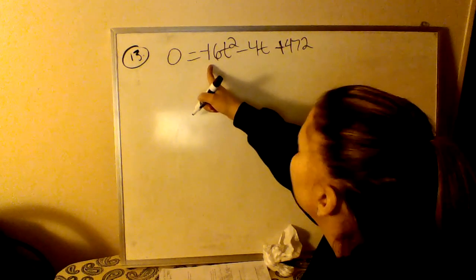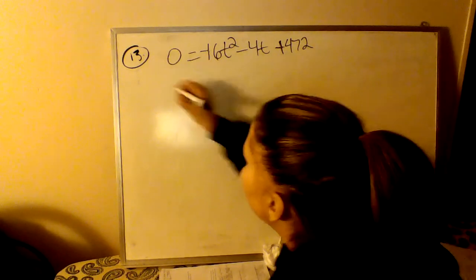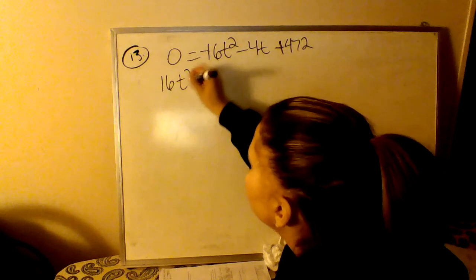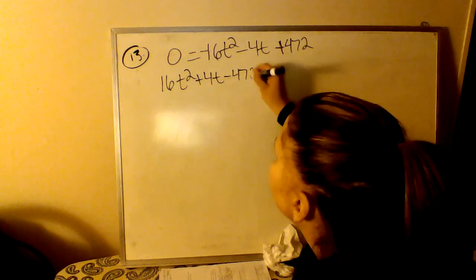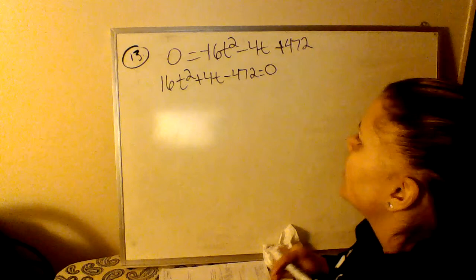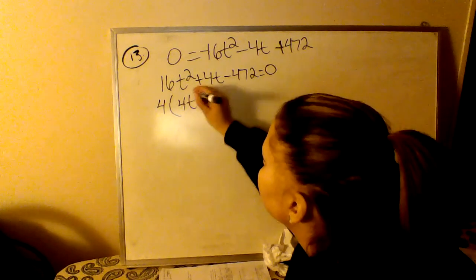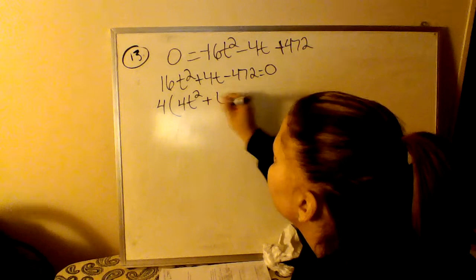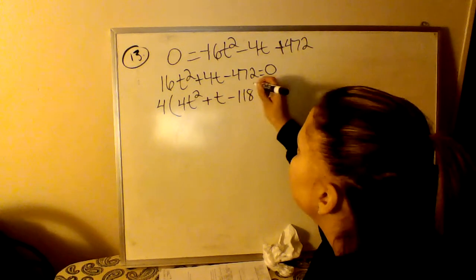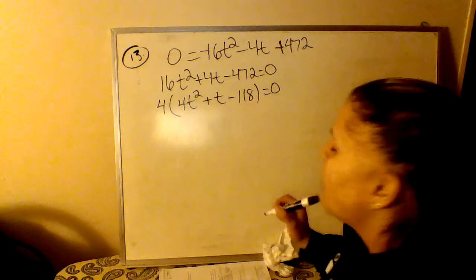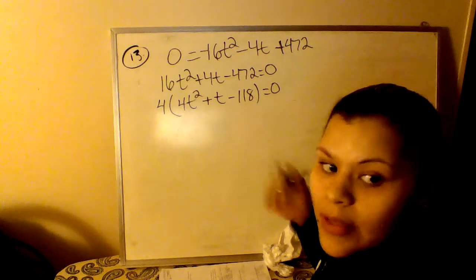I want this first term to be positive always. So I'm moving everything to the left, which makes it its opposite, and then I have nothing on the right. So now I'm going to factor out the 4 again, and 4 times 118 gives you 472. Now, this right here, no matter how many times I've tried to do it, it won't factor.